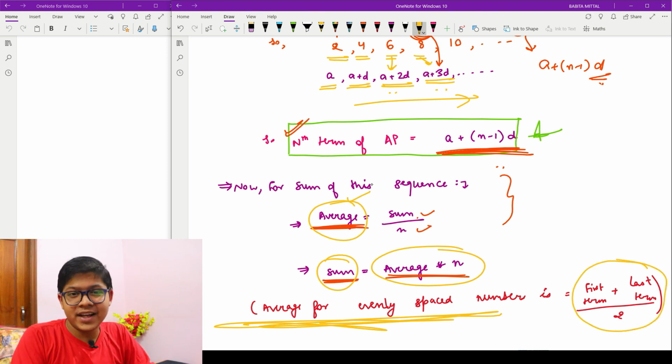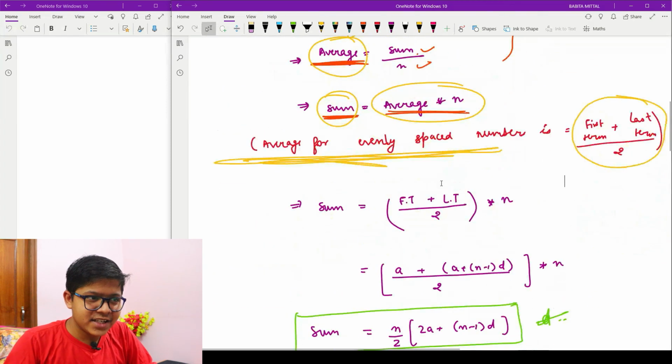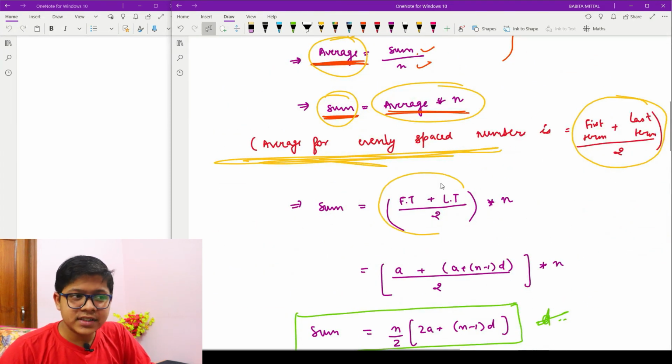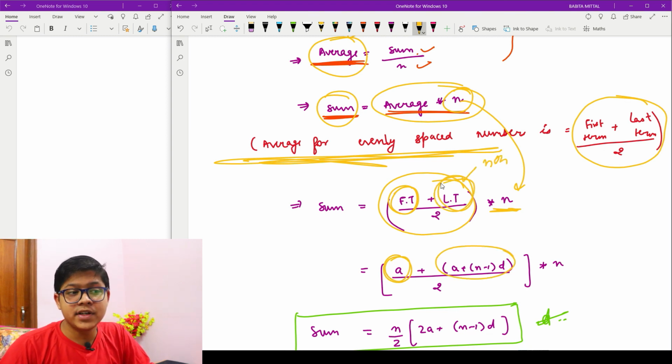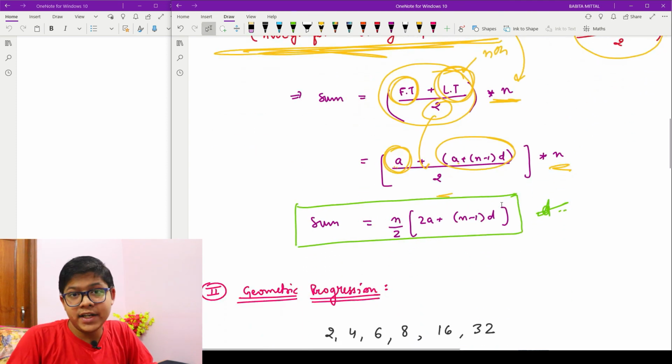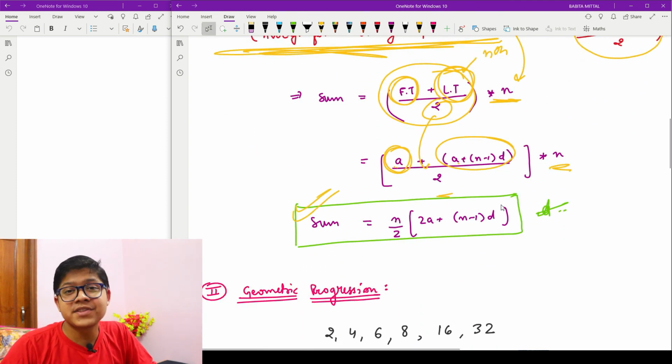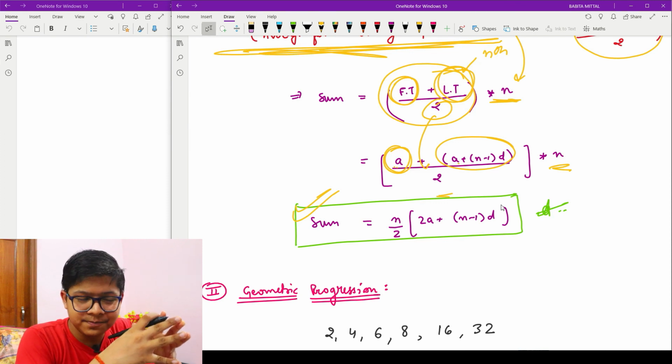So the sum is first term plus last term upon 2 into n, where n is the number of numbers. My first term was nothing but a. My last term, which is my nth term, is nothing but a plus n minus 1 into d, upon 2, into n. If I solve this, which means I add a, it will be n upon 2 into 2a plus n minus 1 into d. It is the formula of sum of arithmetic progression.